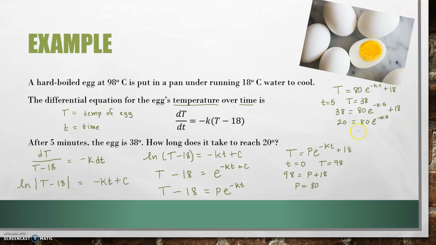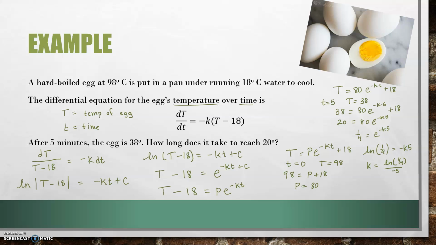Then divide by 80, so 1/4 is equal to e to the negative k times 5. Natural log both sides, so natural log of 1/4 is equal to negative k times 5. Divide by negative 5, so k is equal to natural log of 1/4 divided by negative 5.